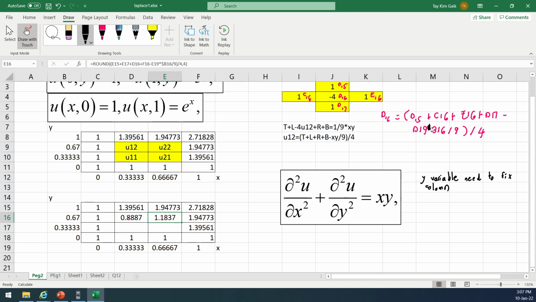To fix the column, put a dollar in front of the column label. Okay, so when we fix the column and copy the formula, y maintains at column B.